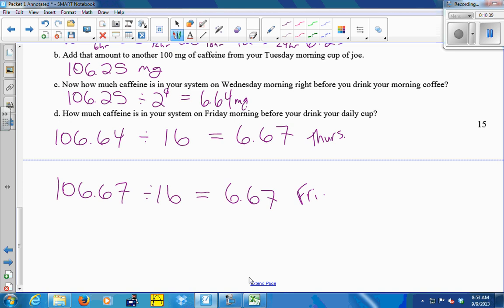Okay, so when I started thinking about this question, I was worried that it might be possible to like OD on caffeine just by drinking a cup a day, because your body never finishes eliminating it before you drink another cup. So I was like, does it build up in your system? Do you eventually have like all this caffeine? So what do you guys think? Does it build up?